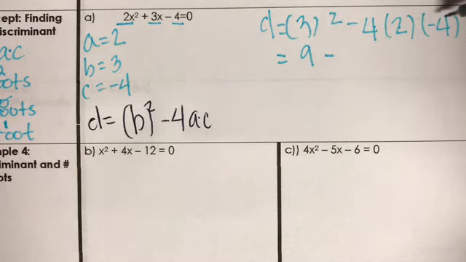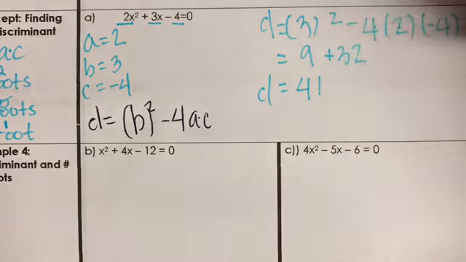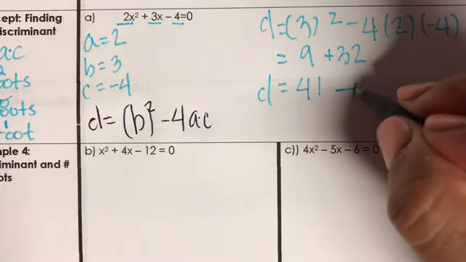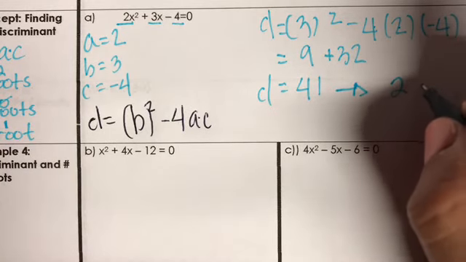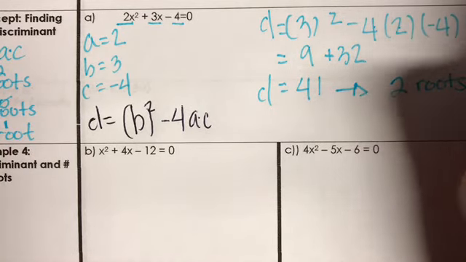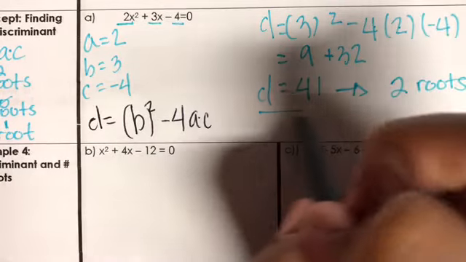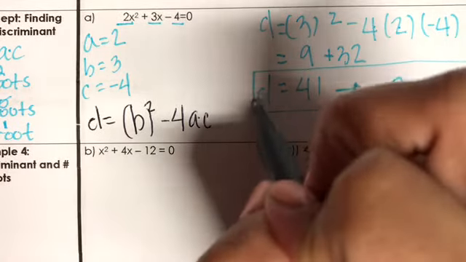Negative 8 times negative 4 is positive 32. So D equals 41, which means that I'm going to have 2 roots. Okay? That's all I'm asking for.